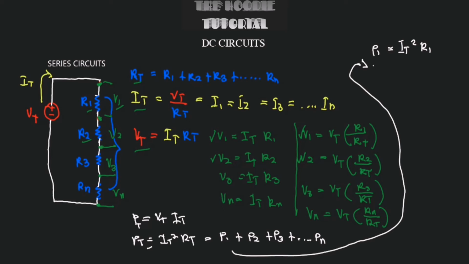That is also the same for P2, which is It squared multiplied by R2. P3 is equal to It squared multiplied by the resistance R3, and Pn is equal to It squared multiplied by the resistance Rn.